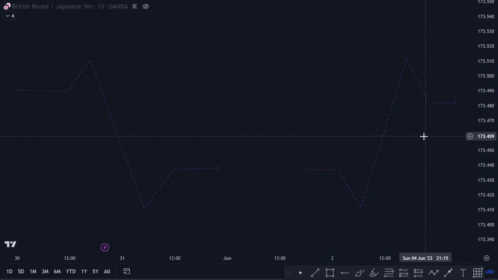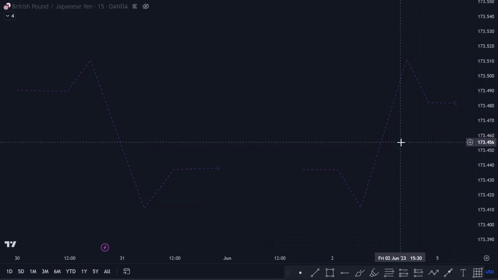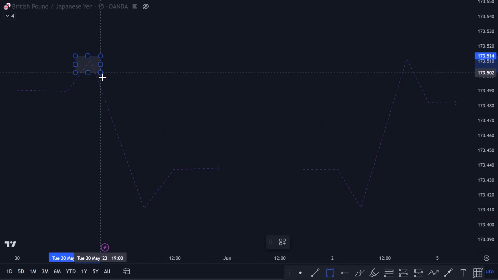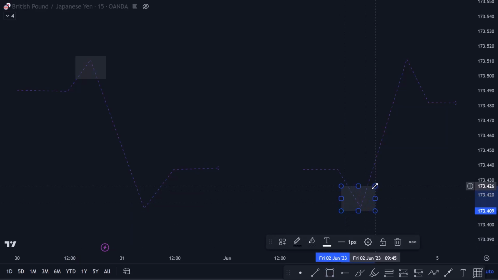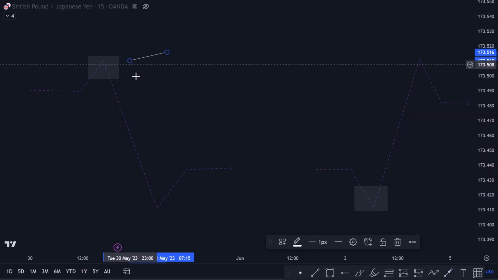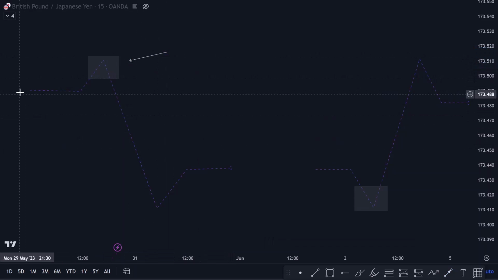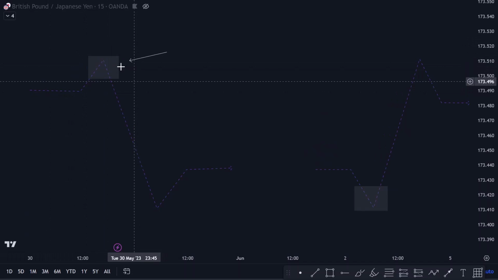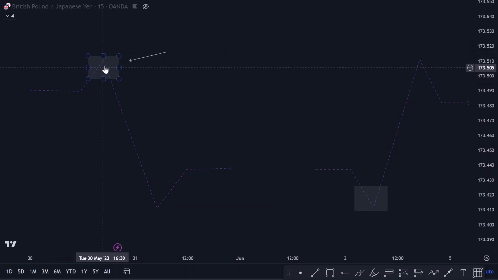So now, in order to catch the high or the low of the day, you would need to catch those Judas swings, either this one or this one here. Let's focus on this scenario here. In this scenario, you would see that price went above this open price, and if you could find a trading setup here, you would be catching the high of the day.